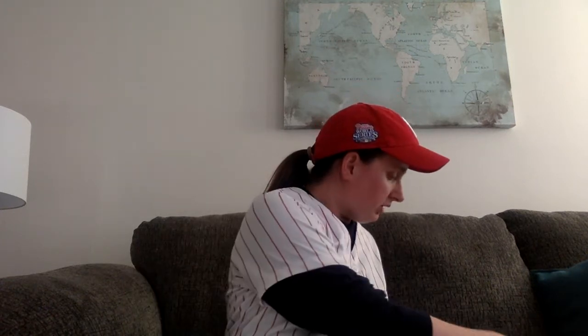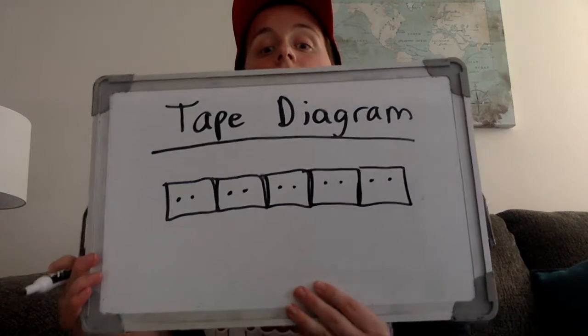Okay, now we're going to do one of those pesky tape diagrams. All right, so just to review, a tape diagram is when we make boxes of equal groups and we put all the boxes together to help us find the total number.